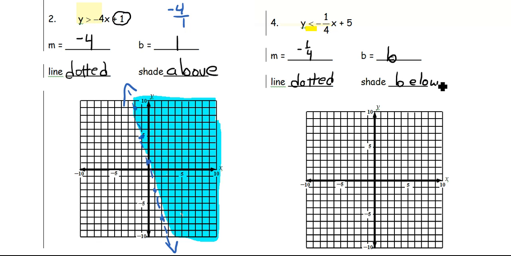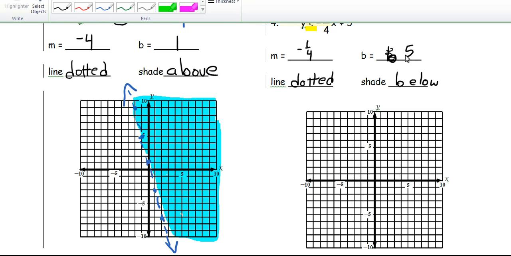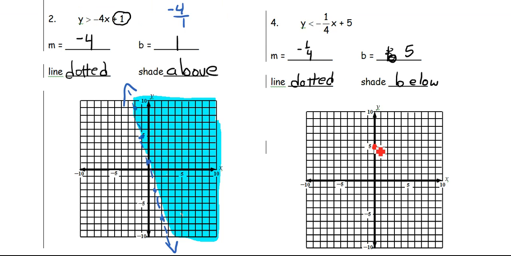Oh, I wrote B. I should have written 5. There we go. 5. So I'm going to go to 5. And since we're doing below, I'm going to use a red pen. I'm going to begin at the B, which is 5. And then it's -1/4, so I'm going to go down 1, right 4. 1, 2, 3, 4.